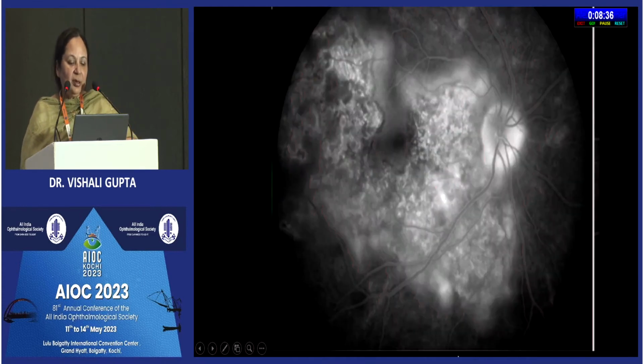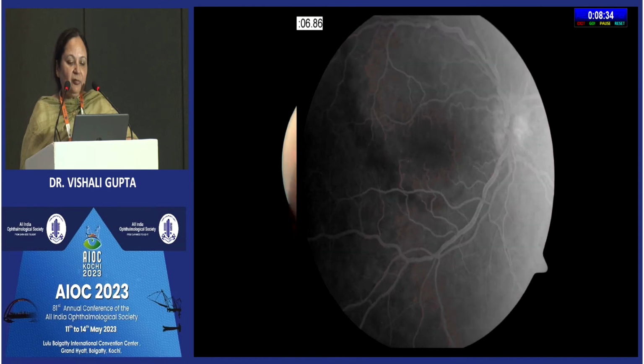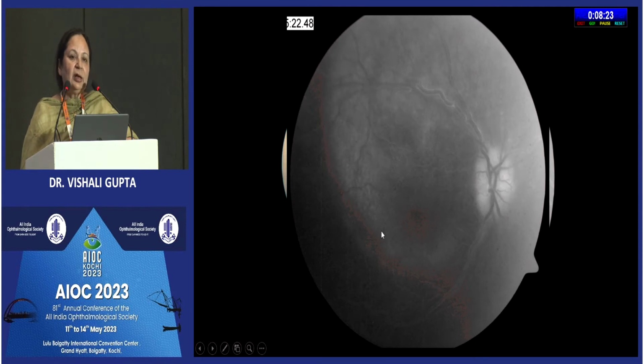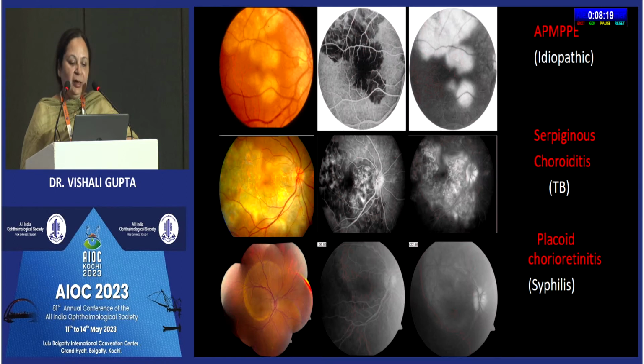And we come to the third disease, where I think I put the animation wrong. I'm not able to show the fundus, but it looks similar. And when you do fluorescein, you have a ground glass appearance. This is syphilis. So here are all three of them together. This is a yellow patch in the fundus.